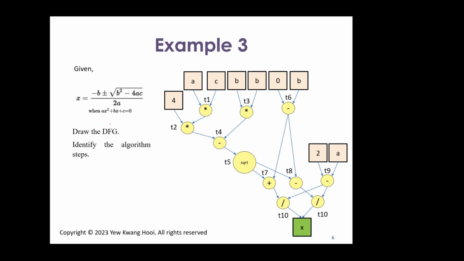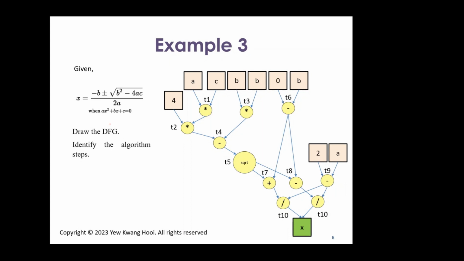If you are given this formula and I ask you to write C++ or Java or Python code, what would you do? Do you think you're able to type this formula in 1 line? I don't think you can write this formula as 1 line of code.